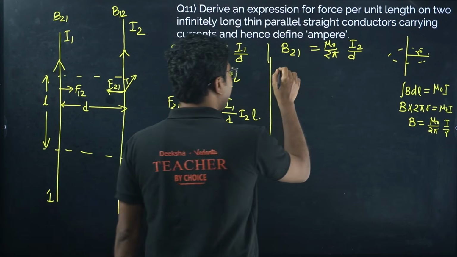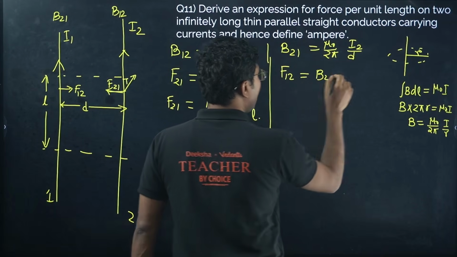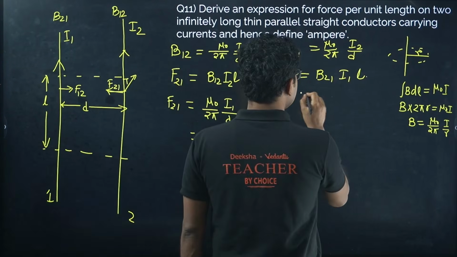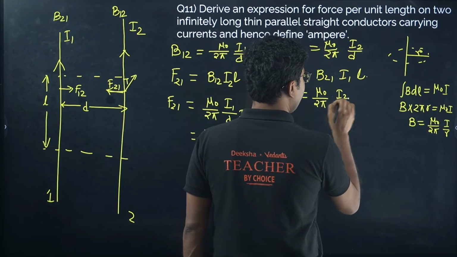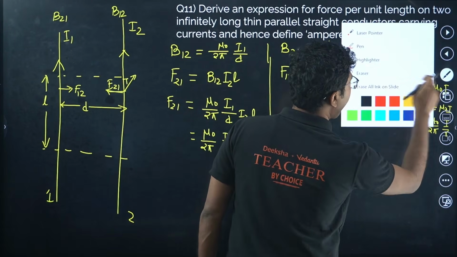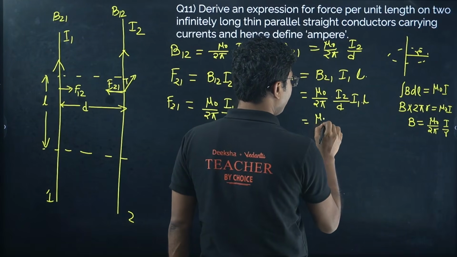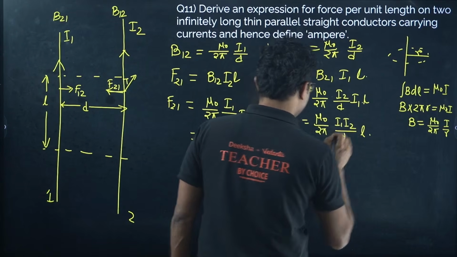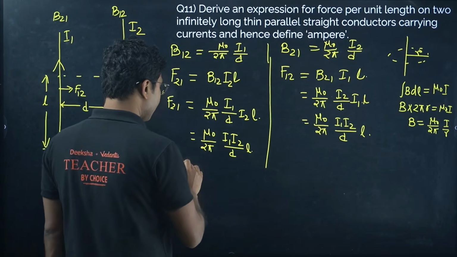Similarly, F12 is equal to B21 into I1 into L. We are considering the same length for both the wires, so this is equal to mu naught by 2 pi, I2 by D, into I1 into L. Reorganizing, mu naught by 2 pi I1 I2 by D into L. So you can see these two forces are equal in magnitude and opposite in direction, according to Newton's third law of motion.